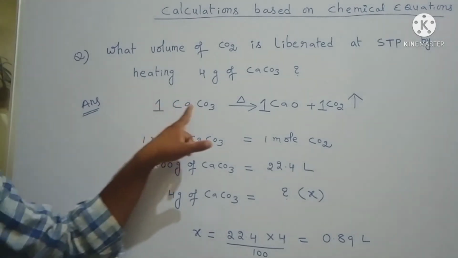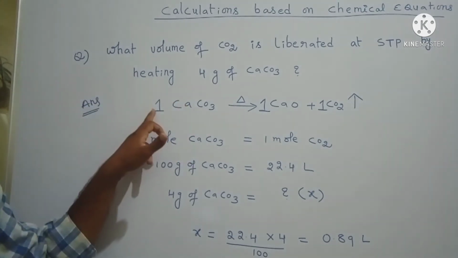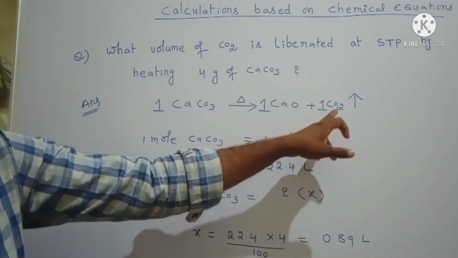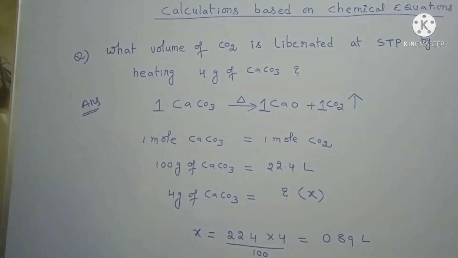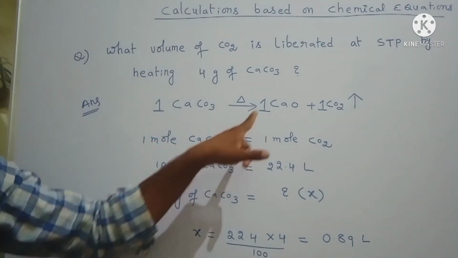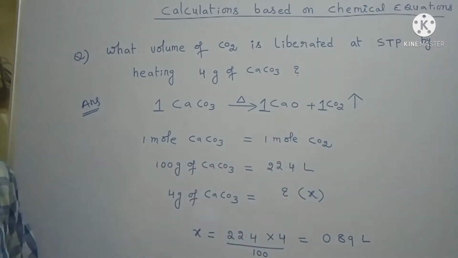Okay. So here the chemical equation is balanced and the coefficients of calcium carbonate is 1, calcium oxide is 1 and carbon dioxide is 1. So from this chemical equation, 1 mole calcium carbonate gives 1 mole carbon dioxide.